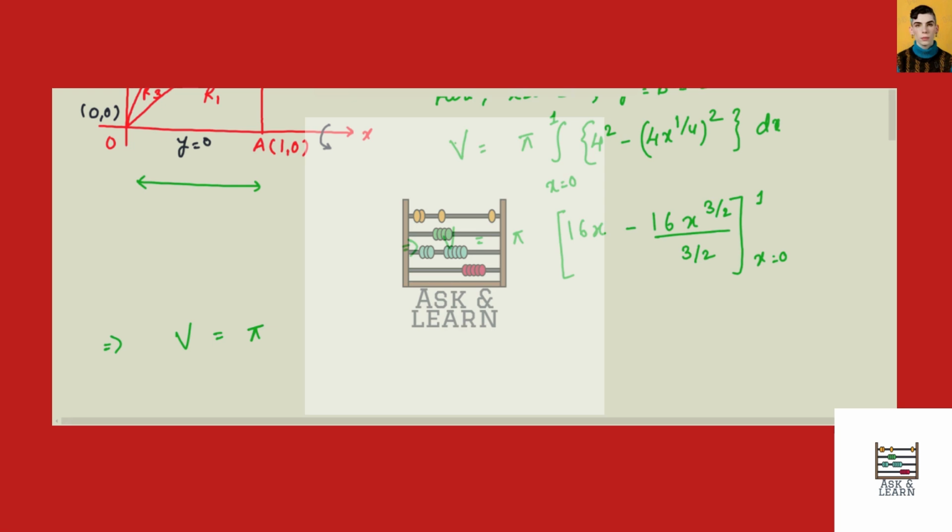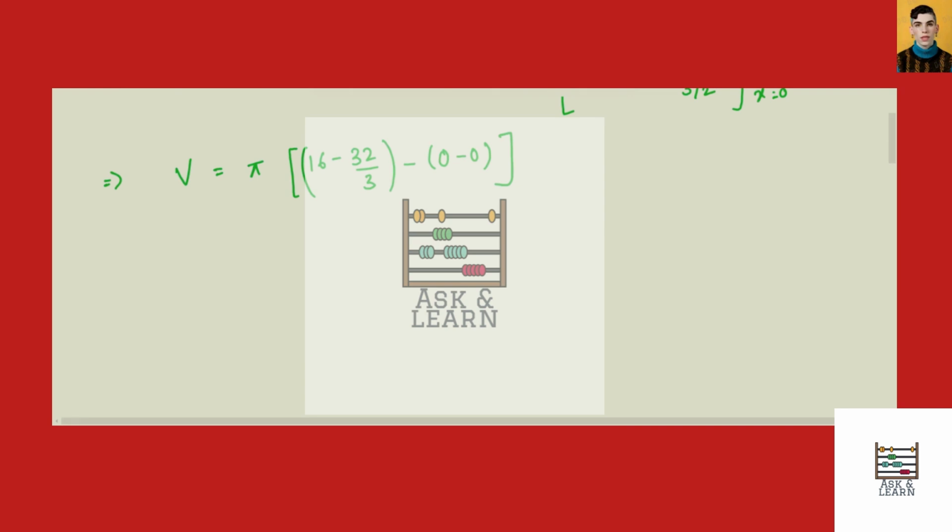We get pi times 16 minus 32 by 3, minus 0 minus 0, since the lower limit is put here.